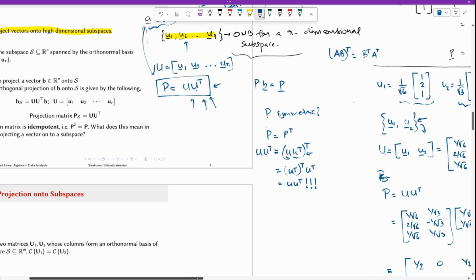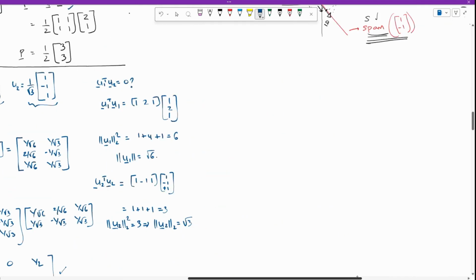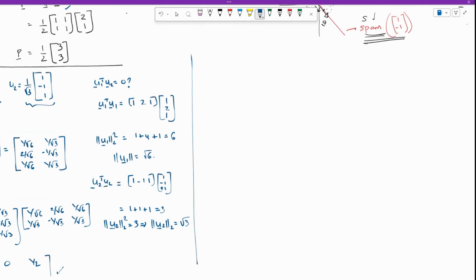Okay. Now we have P equals U U transpose. Let's take a simple case. Let's take the one-dimensional case, that means the U matrix is simply U1. What will happen if you compute P squared?